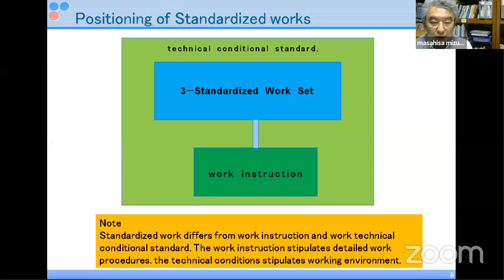The technical condition standard is decided by the production preparation department. Work instruction is also decided by the production preparation department, precisely for how to do that for each work factor.